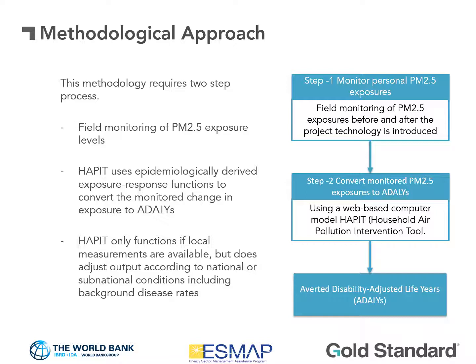Using the two-step process of feeding PM2.5 exposures before the project and after the project, we're able to see the averted disability adjusted life years as a result of the project. HAPIT only functions if local measurements are available, and it does adjust its output according to national or subnational conditions where present.